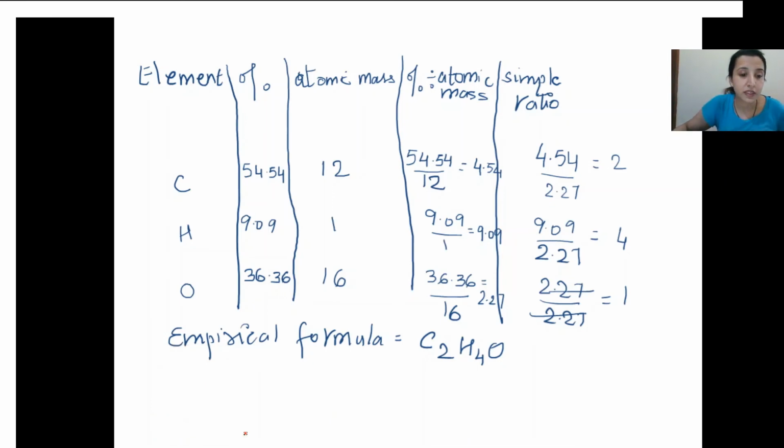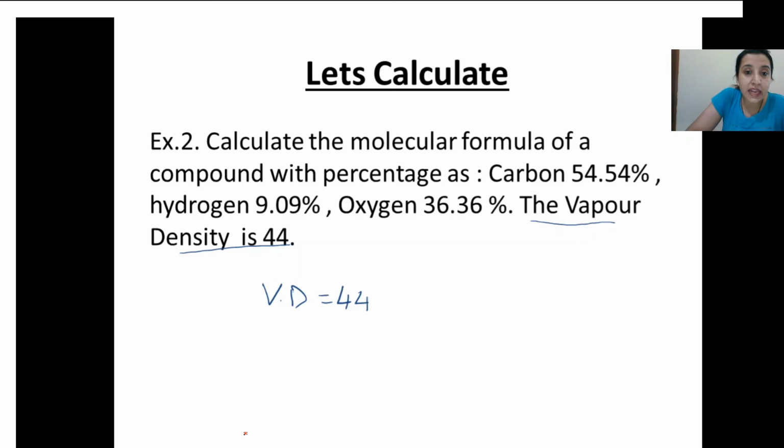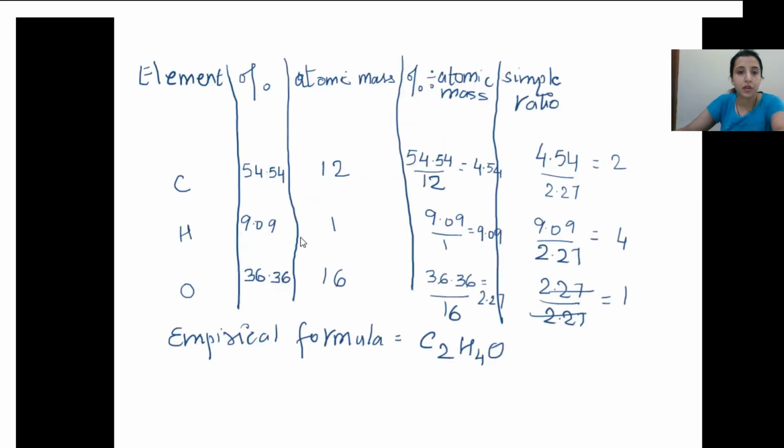Now, in this particular question, if I move, it was saying to calculate the molecular formula. Yes or no? It's mentioned the molecular formula, and the vapor density is 44. So how to calculate the molecular formula?